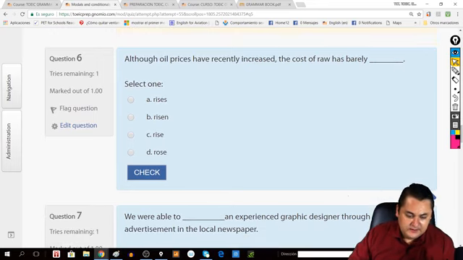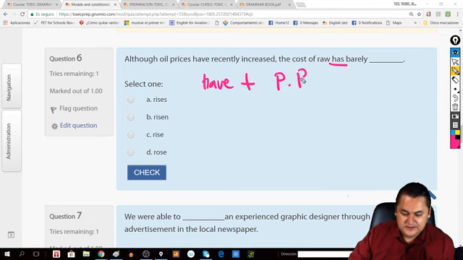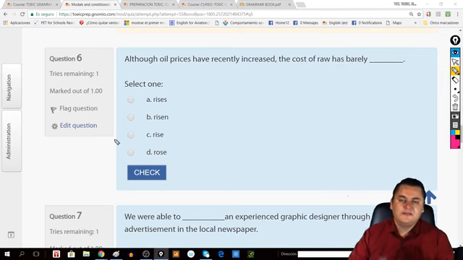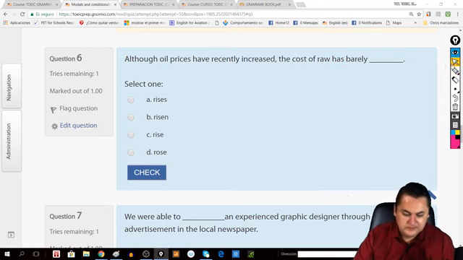Then, although oil prices have recently increased, the cost of raw materials has, the verb to have, so I need another verb in its past participle form. This is an irregular verb, and its past participle form is risen.